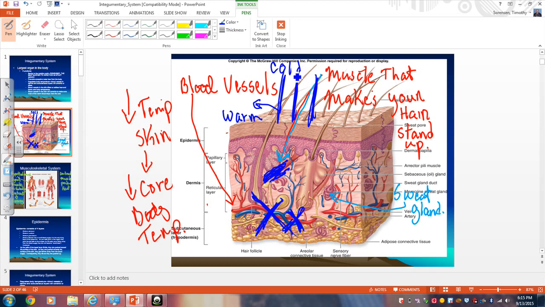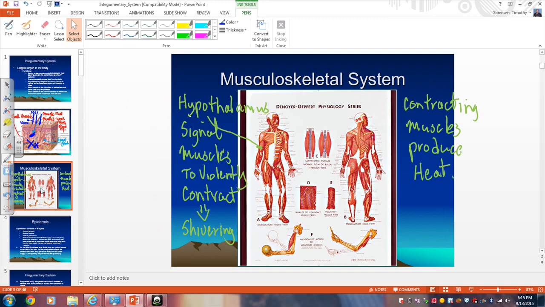The next thing that's going to happen is, as that temperature begins to drop, the hypothalamus is going to signal skeletal muscle, and it will make those skeletal muscles violently contract. And that's shivering. Contracting muscles produce heat.